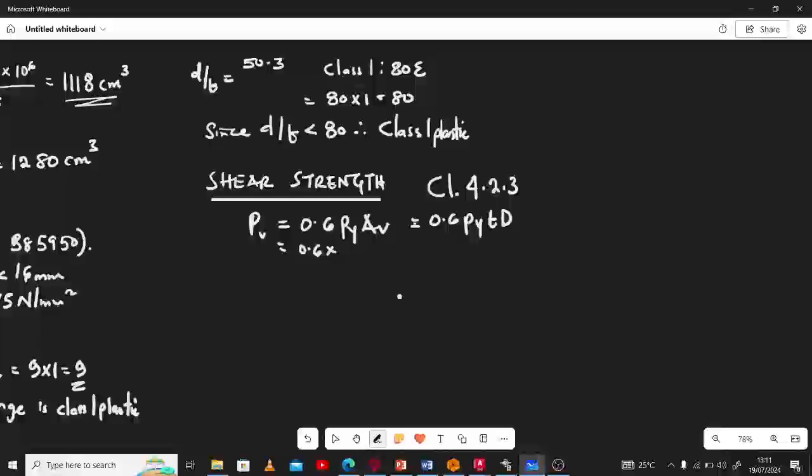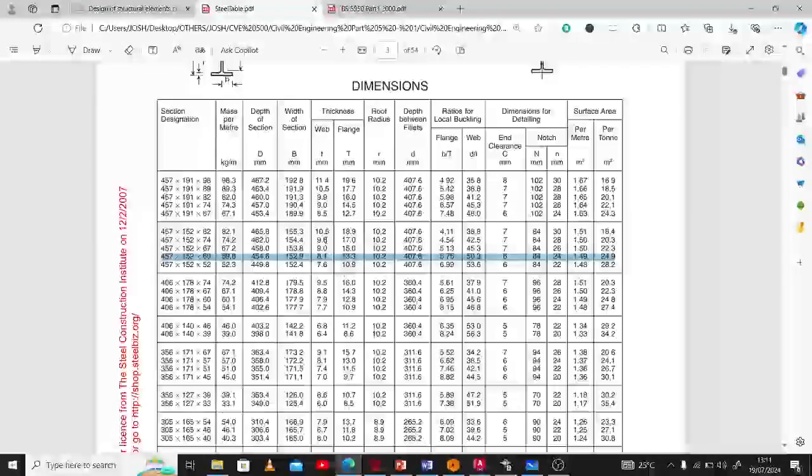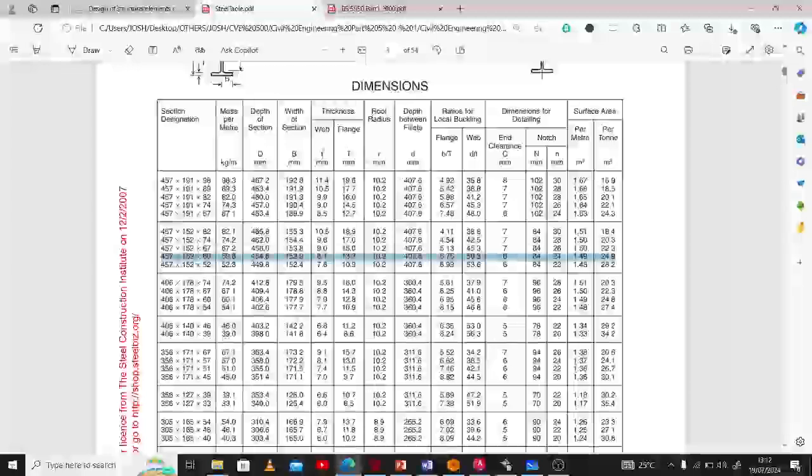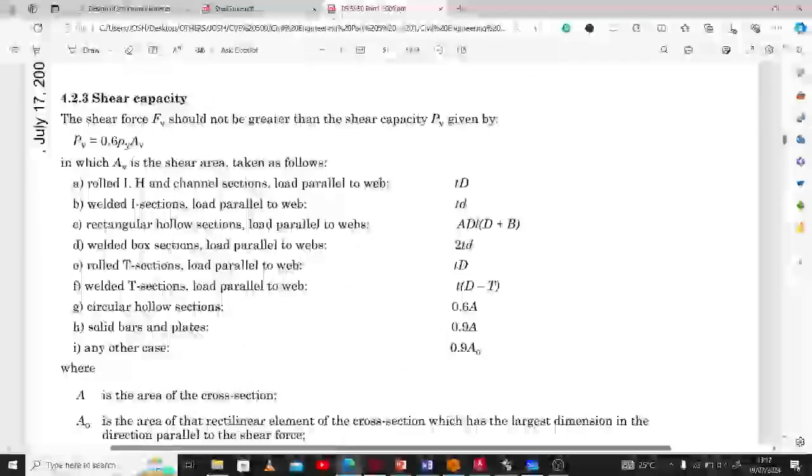So we can carefully say 0.6 multiplied by py. py for this section is 275, we've been given already, multiplied by the small t. Getting back to this designer manual, the small t is 8.1, and the big D is 454.6.